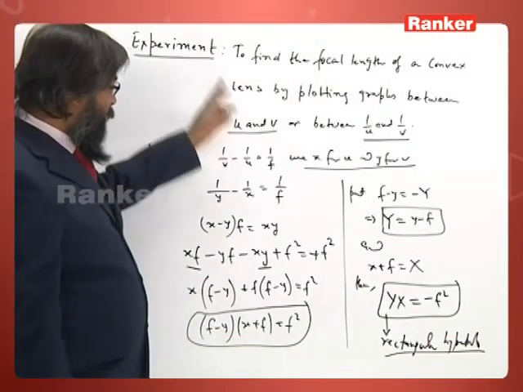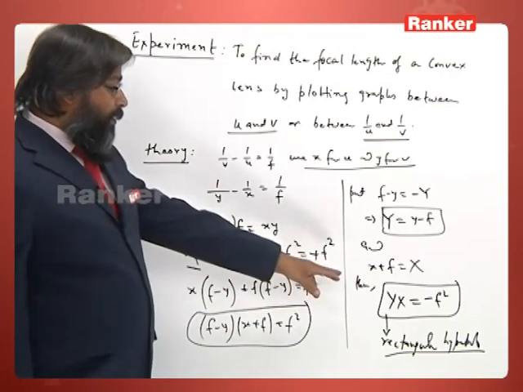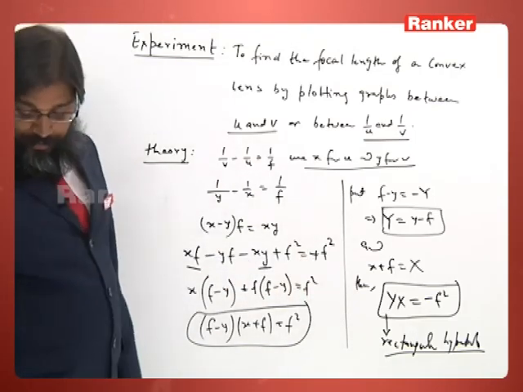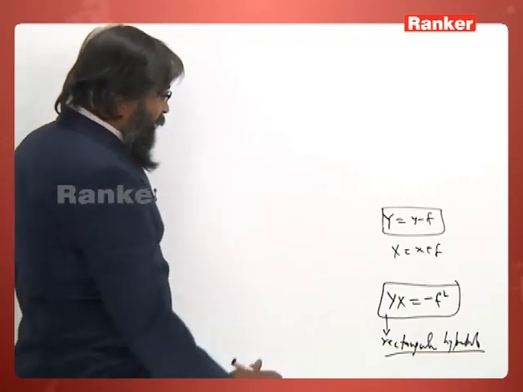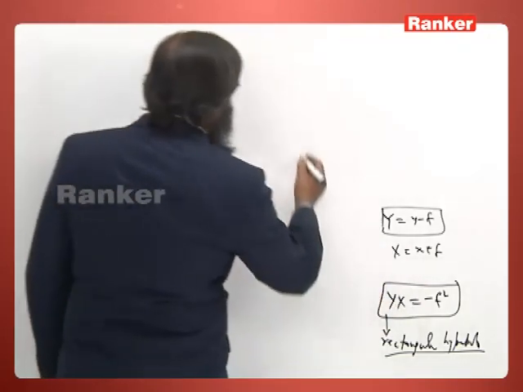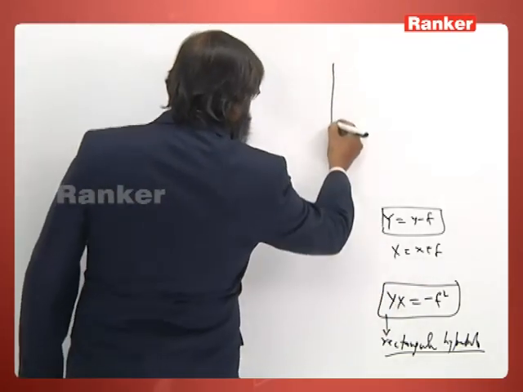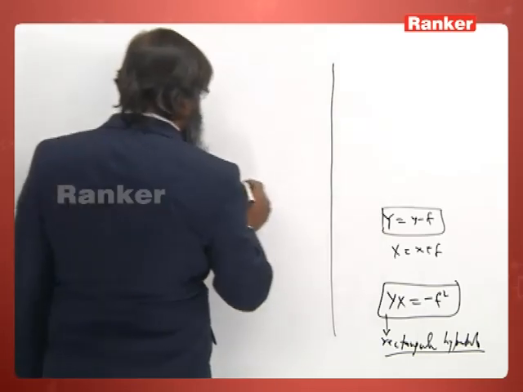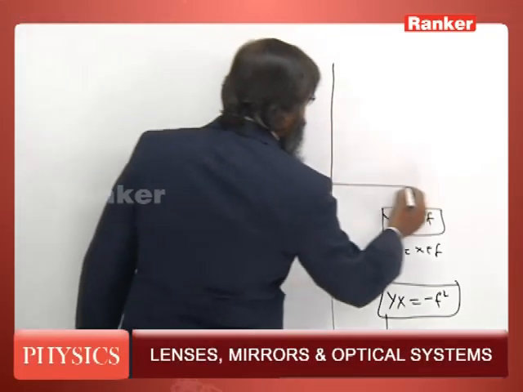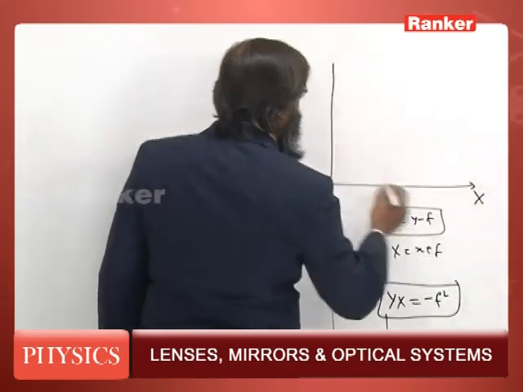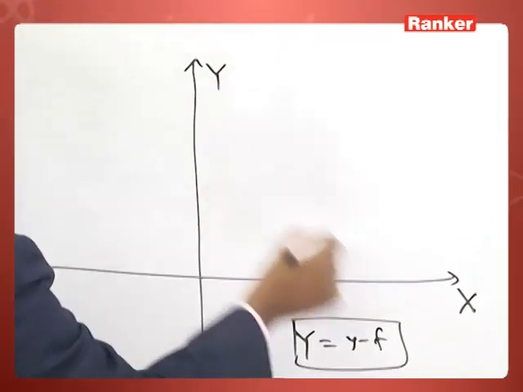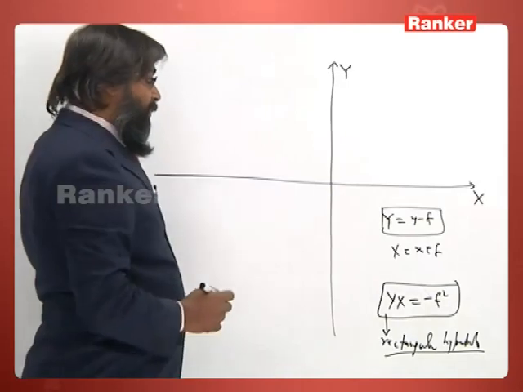Then we will draw the diagram of this rectangular hyperbola. Now you see, let us draw this. This is your y axis and this is the x axis. Capital X, capital Y axis.